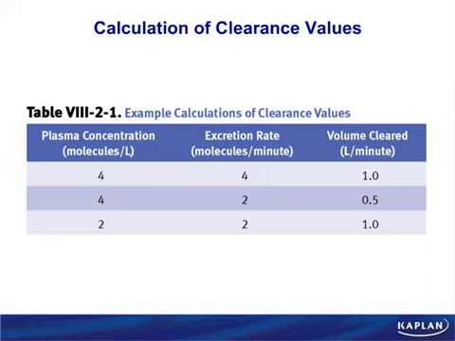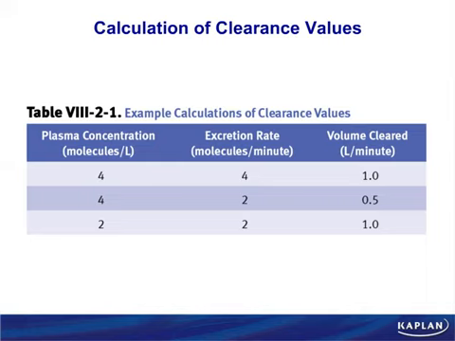You see in the bottom, you cleared 1 liter. You're still filtering at a normal GFR. But in this patient, you only cleared half a liter. This patient has a decrease in clearance. This patient has a decrease in filtration, a decrease in GFR. Whereas this patient still has a normal clearance. Excretion rate is 2.